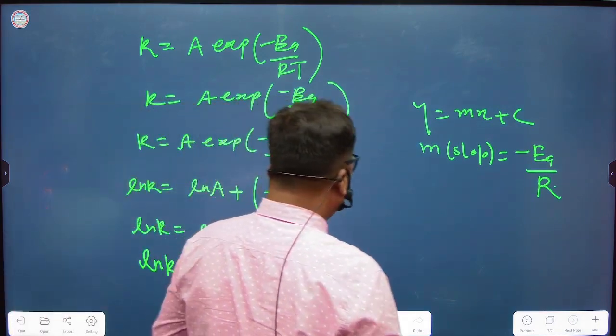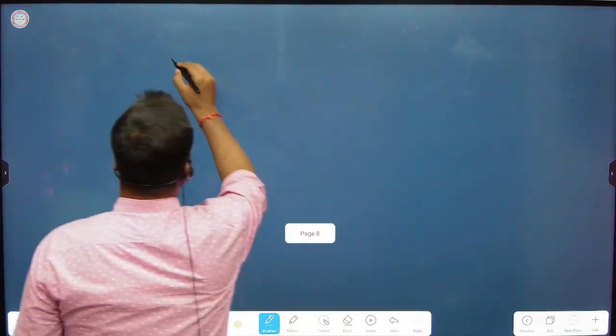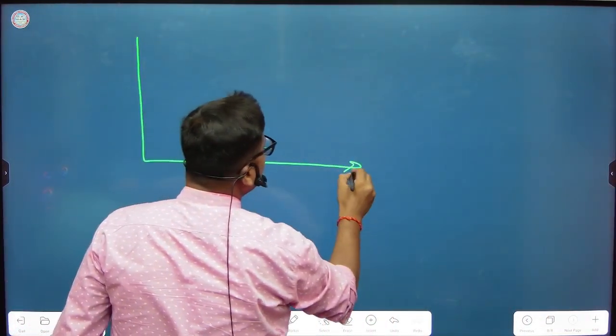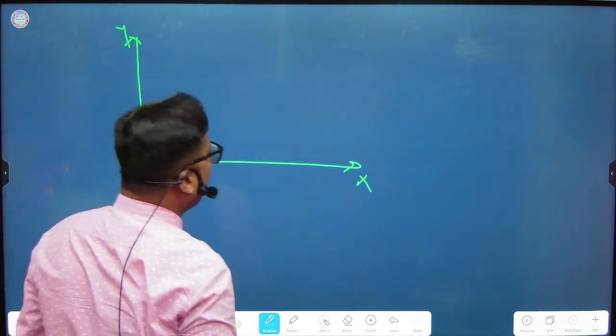So how does this straight line look? This is your x-axis and this is your y-axis, right?